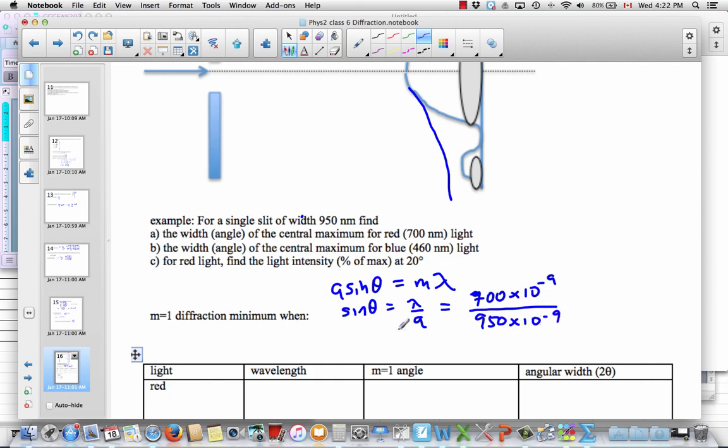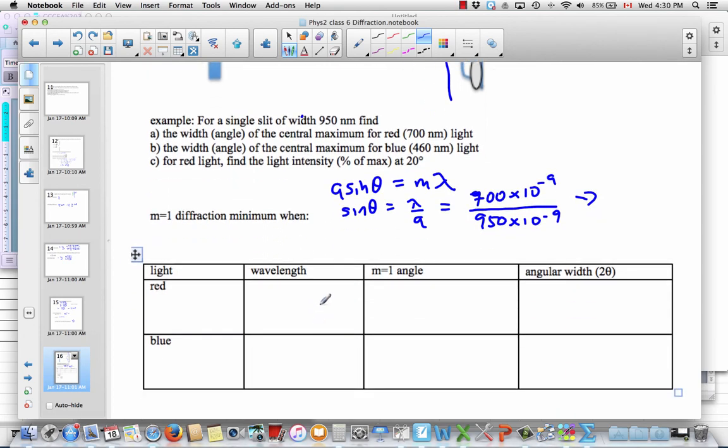So we do the inverse sine, and then we can find the angle at which that occurs. So just let me calculate that. Okay, so when you find the angle, let's just put the angle in the chart down here. So red light, 700 nanometer wavelength. For the angle, it ends up being 0.985 radians. So that's really close to 60 degrees.